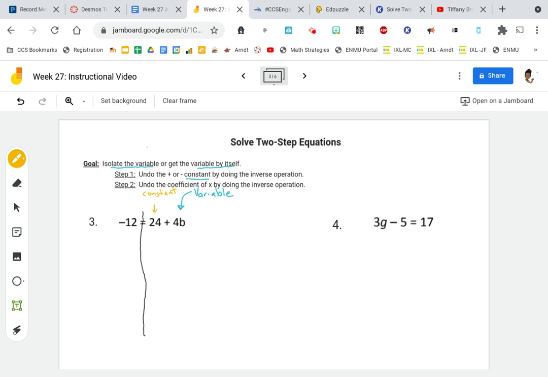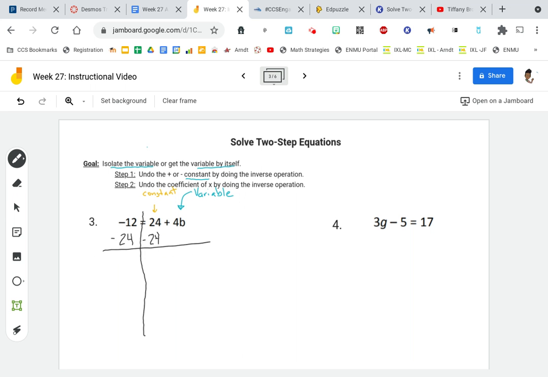I have to do the opposite of a positive 24. The opposite of a positive 24 is a negative 24. But an equation is like a balance or like a seesaw. What you do on one side, you have to do to the other side. So I'm going to put a negative 24 on the other side. Now, what you're going to hear me do is one minute call that negative, the next minute call it a subtraction symbol.